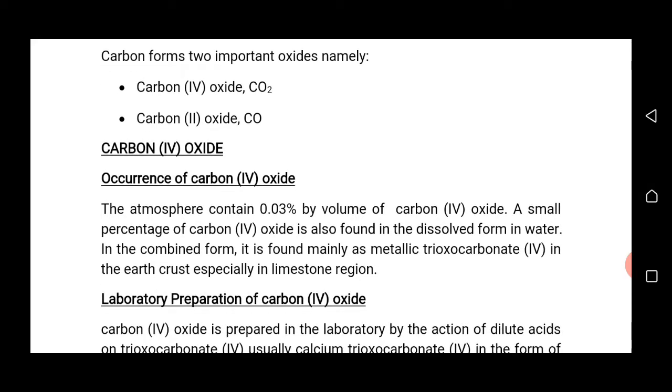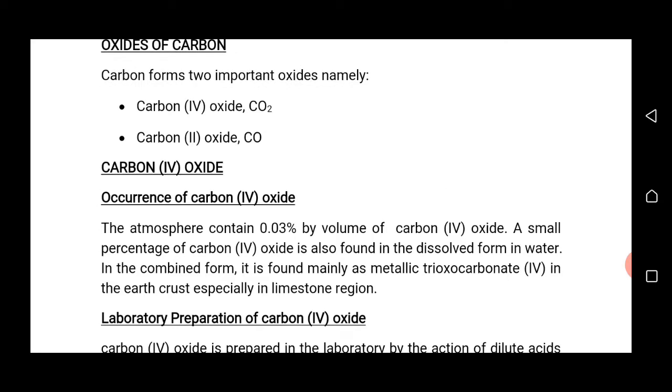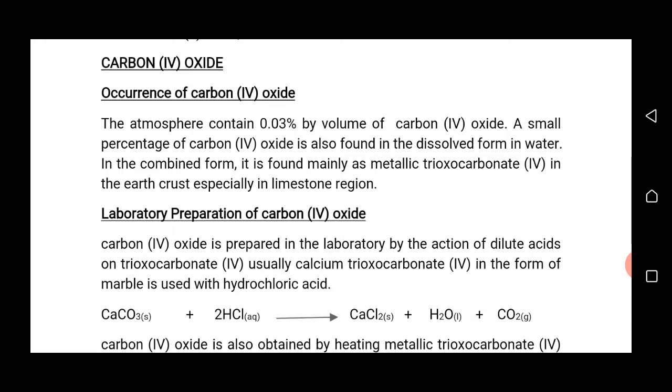When carbon combines with oxygen, it forms two important oxides, namely carbon 4 oxide, CO2, or carbon 2 oxide, CO. We are going to discuss each oxide of carbon one after the other. We shall start with carbon 4 oxide.